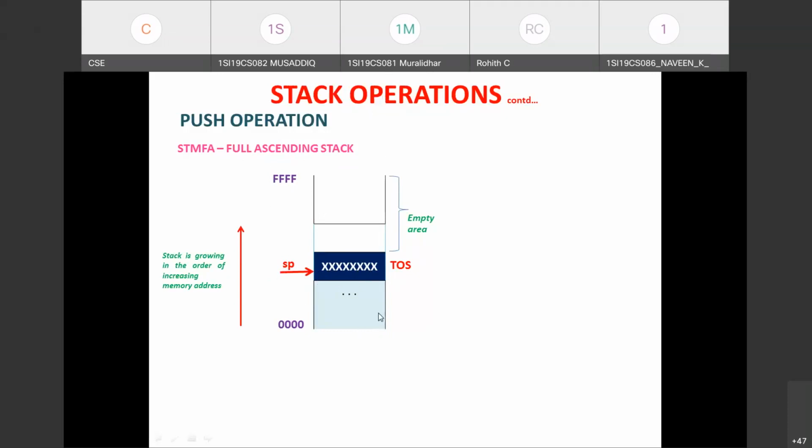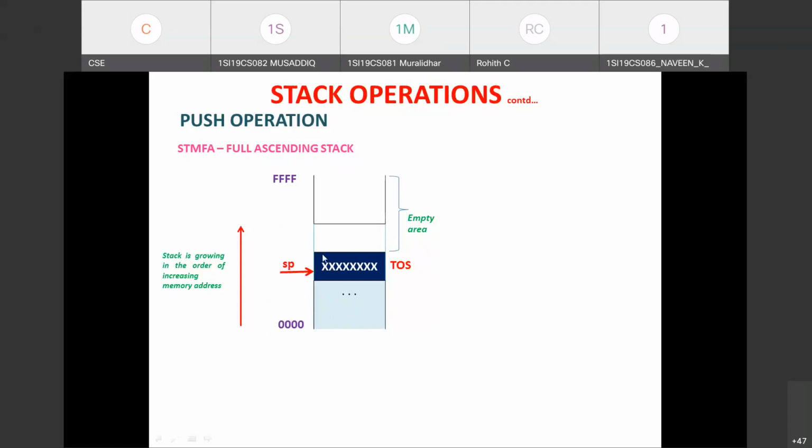Hope this diagram is clear. Okay, SP is pointing to the last element inserted, and the stack is growing in the order of increasing memory address when you perform the insertion operation. And just see, these are all empty locations. Prior to this, it is all filled. So now if I want to perform the push operation using this instruction, STMFA, what is the operation performed?